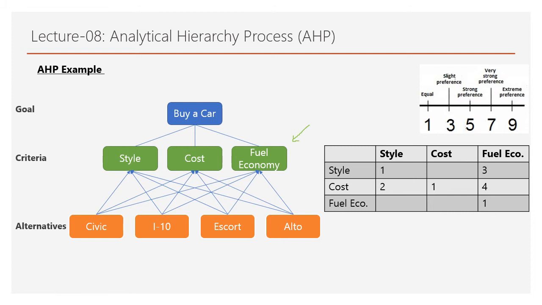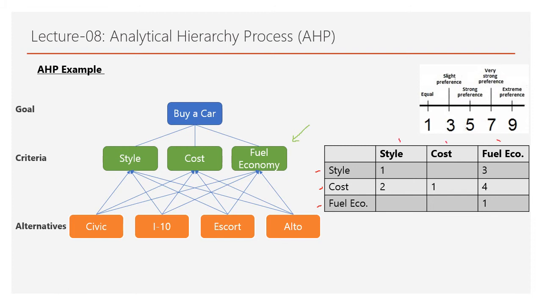So imagine we have done this pairwise comparison, and this is how we do the pairwise. We build a matrix of 3 by 3. We put the corresponding criteria that we are comparing: style, cost, and fuel in the rows, and also style, cost, and fuel in the columns.